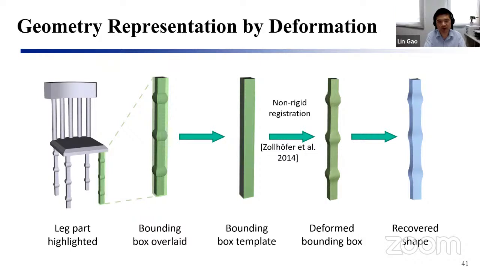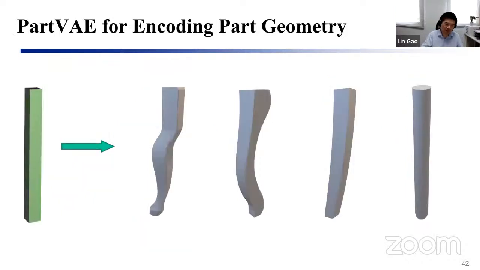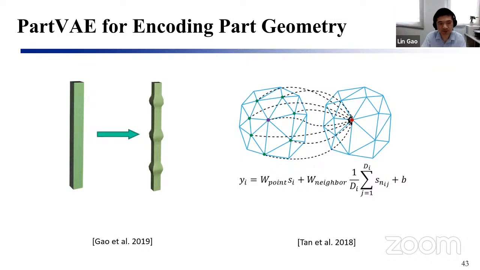So here we could use the convolutional VAE to encode and generate the deformation. Here is the geometry detail. And look at this slide: given one cube, we could use the one cube to represent very diverse 3D models. And here the idea is borrowed from the deformation representation.